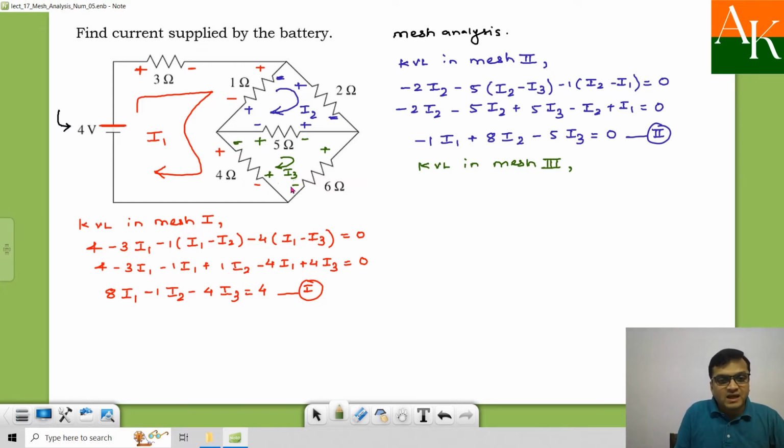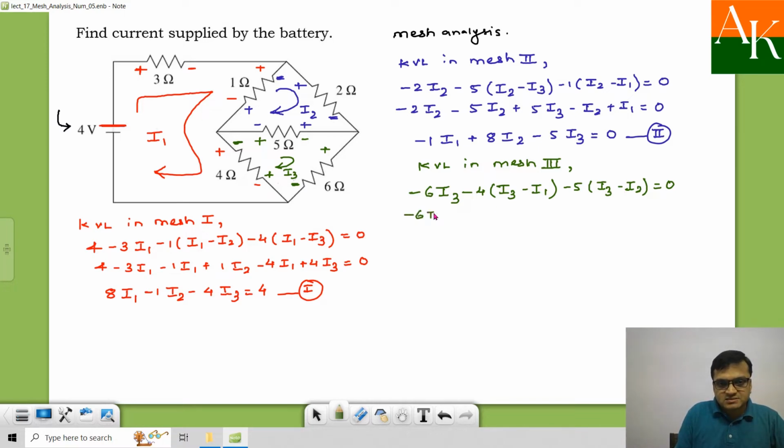I am starting at this point, so I will have minus 6 times I3. 6 ohm is exclusively present in mesh 3. Go ahead, minus 4 times, and now you are moving upward, so it will be (I3 minus I1), and here you are moving towards right, so I will have minus 5 times (I3 minus I2). You have completed the loop, so it is equal to 0.